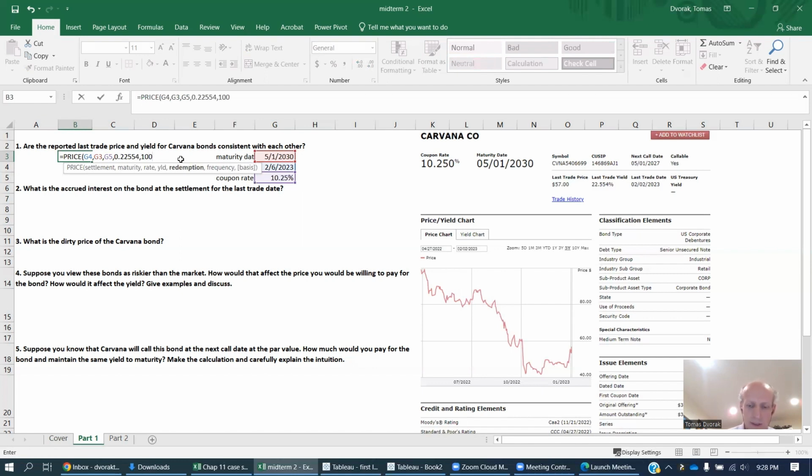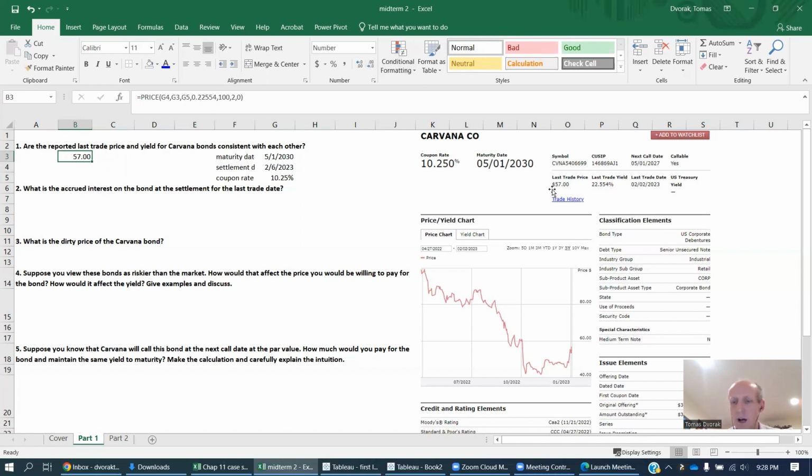The redemption is 100. Frequency is semi-annual. And the day basis, we're going to keep 360. We're going to close that. And we see that the price, if we bring it down to 2 decimal places, is exactly $57, just like the quoted price in this screenshot.